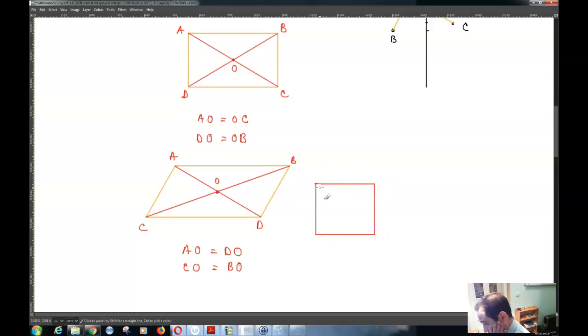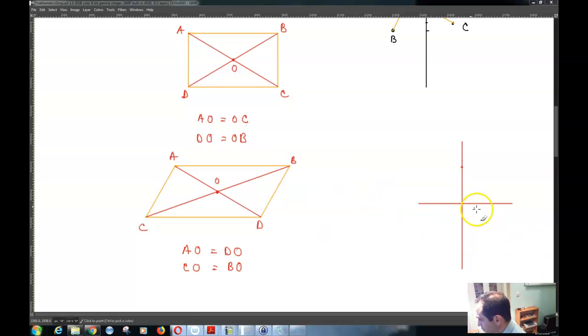Even a rhombus is a parallelogram. There are basically two types of such geometric shapes. Now if I have all of these distances equal, then I will get a square.